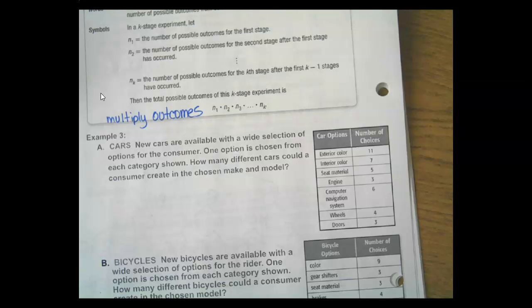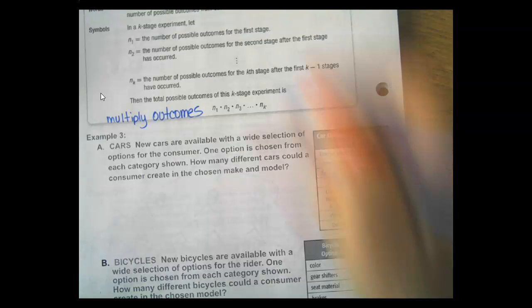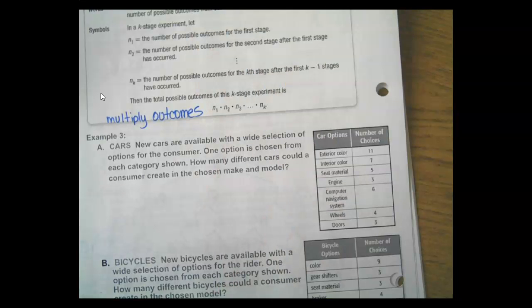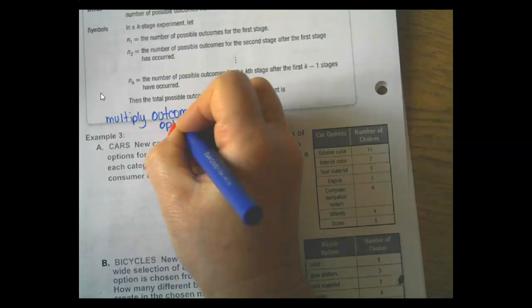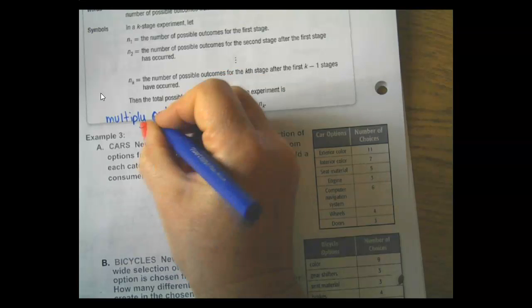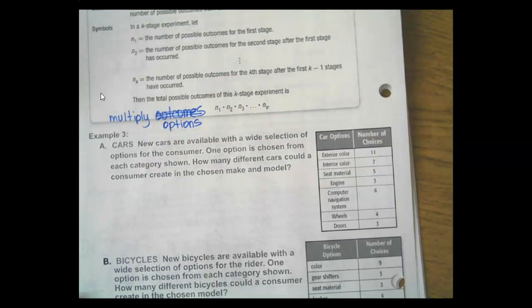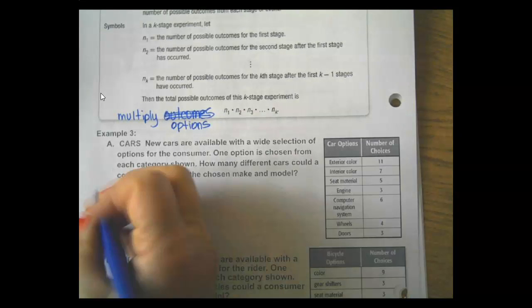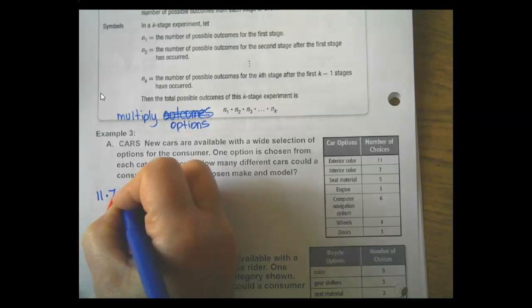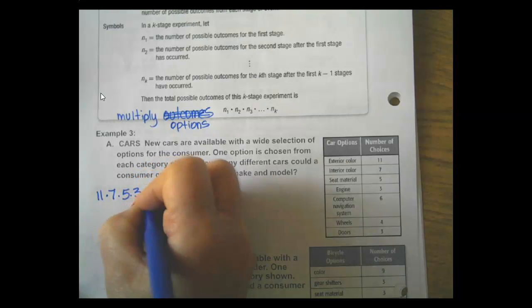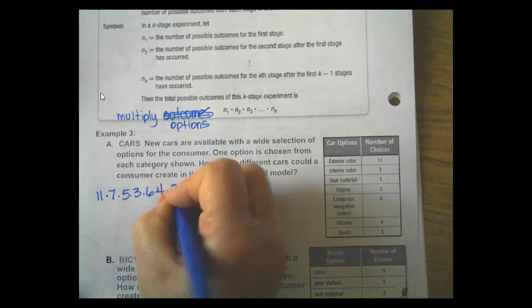So we have our car options, and all we're doing, so the fundamental counting principle is you're multiplying your options. I shouldn't say outcomes. Maybe I should say options. Okay. All right, so we're going to say 11 times 7 times 5 times 3 times 6 times 4 times 3.